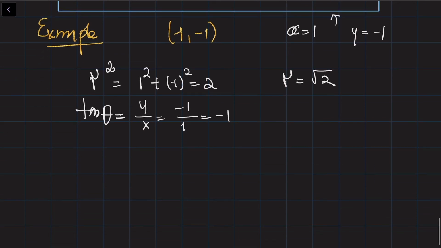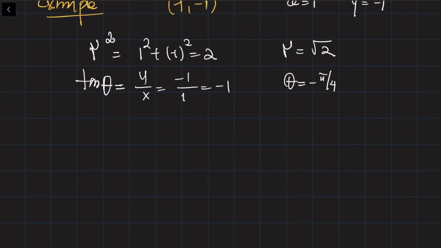So it means that theta is either going to be minus pi over 4 or pi over 4 plus pi, right? Anyway, let's check whether the tangent of minus pi over 4 is equal to minus 1.